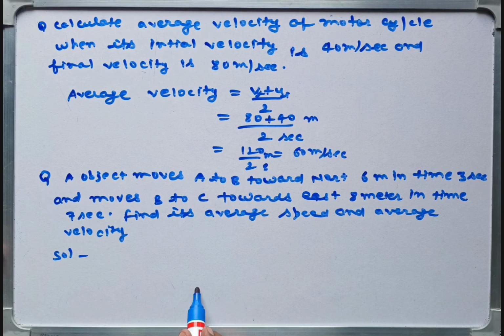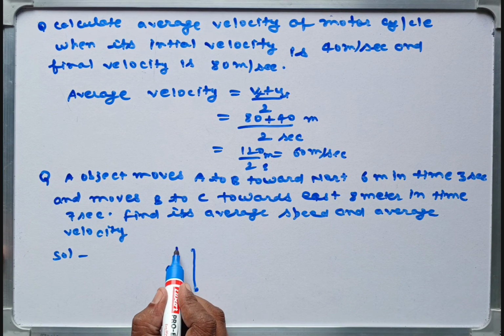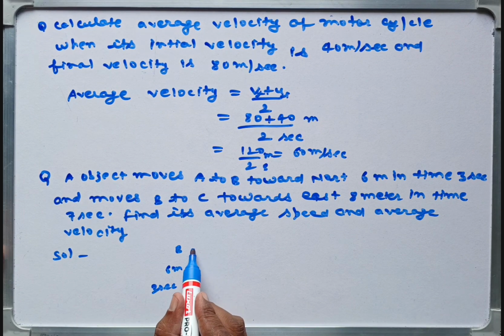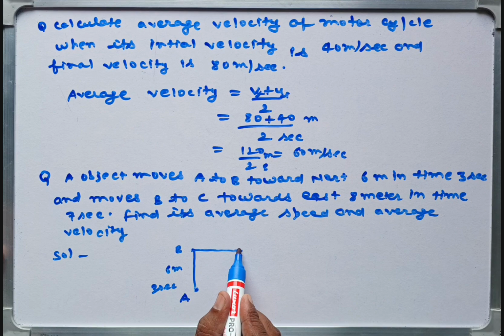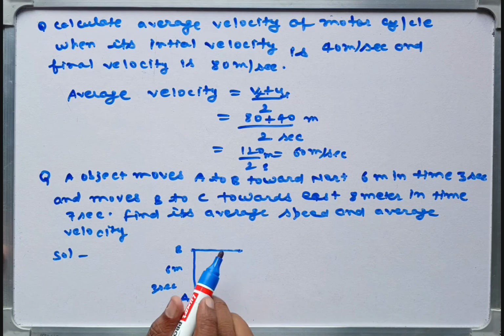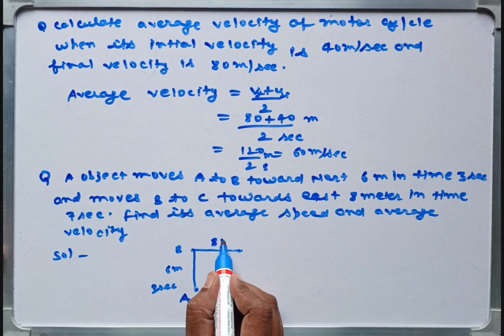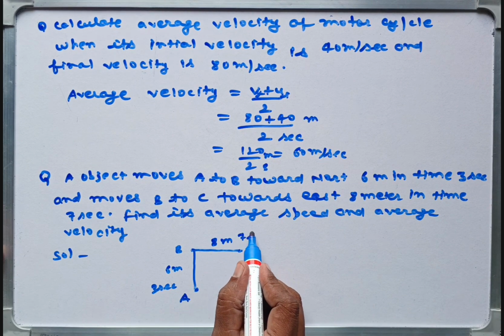So initially the particle is at point A, now it starts moving in the north direction 6 meter, so it reaches here in 3 seconds. Okay, again the direction of motion of the object changes, and it is moving towards east, 8 meter in 7 seconds.